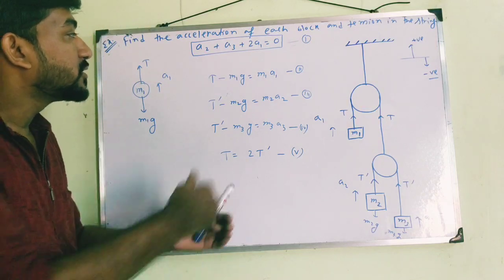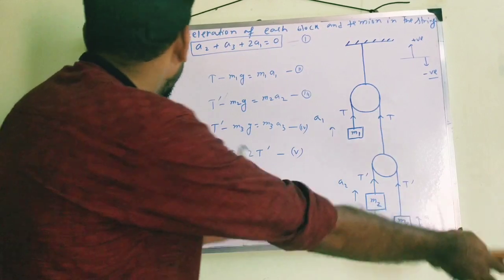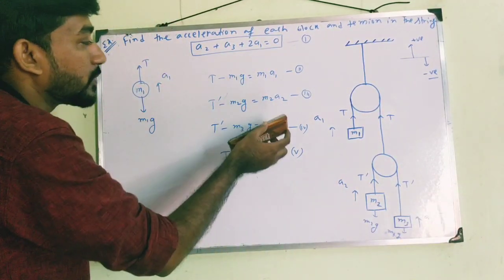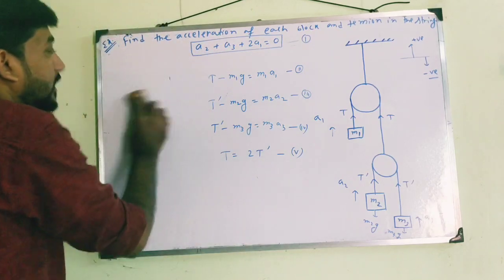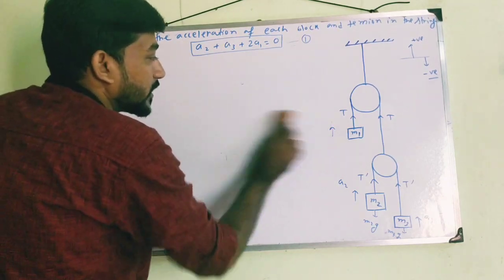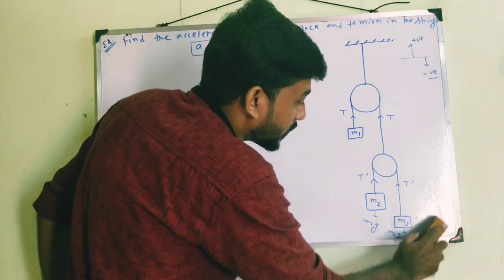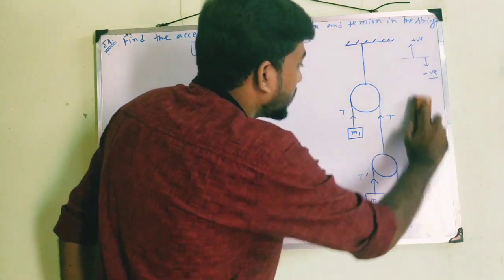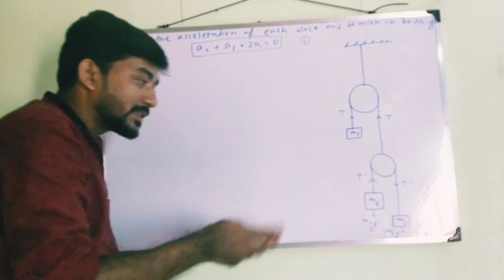In that method this problem can also be solved, and I will show you how we can solve this problem again by the concept of relative acceleration, that is by our prediction. In that case I will not take this as a1, a2 and a3. I will try to find the relation between the accelerations, and here I will take the direction also.